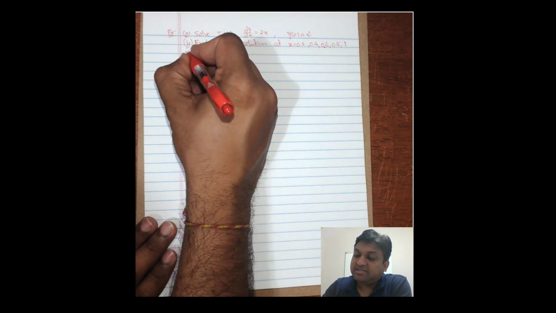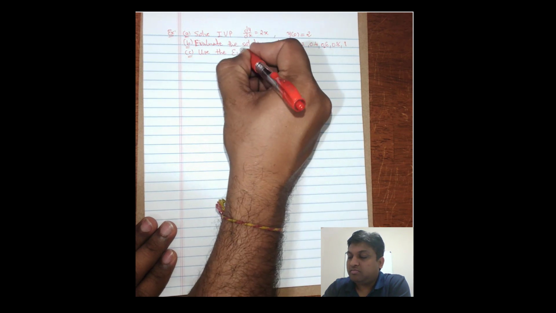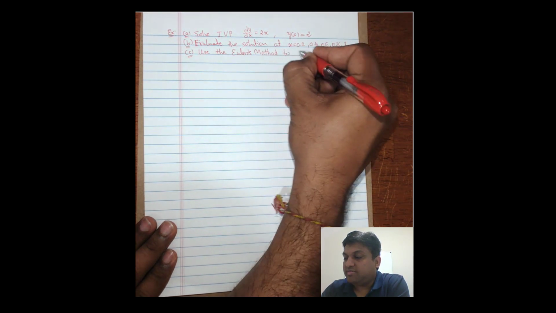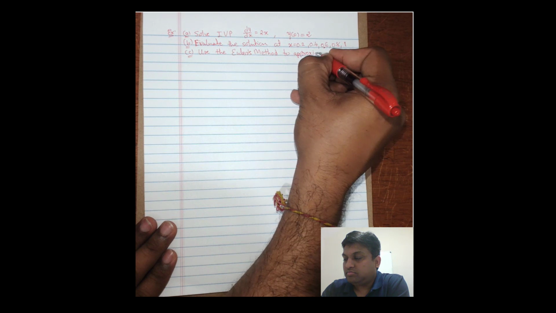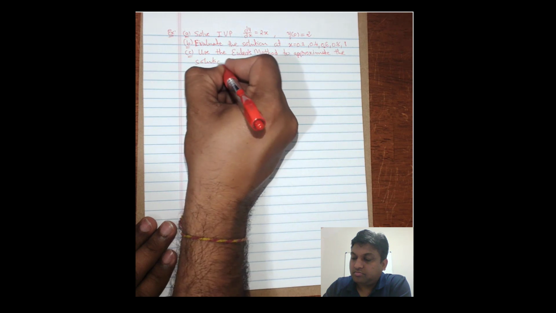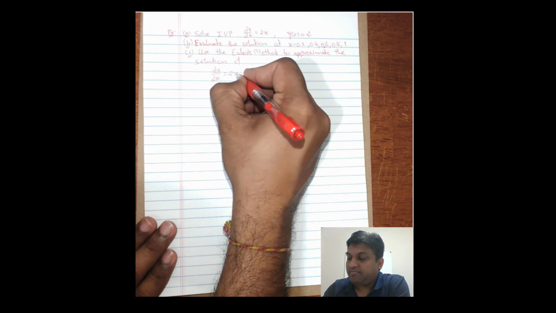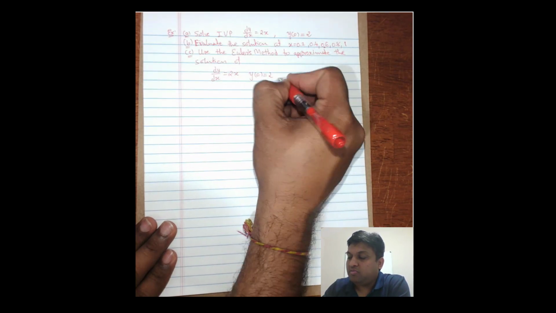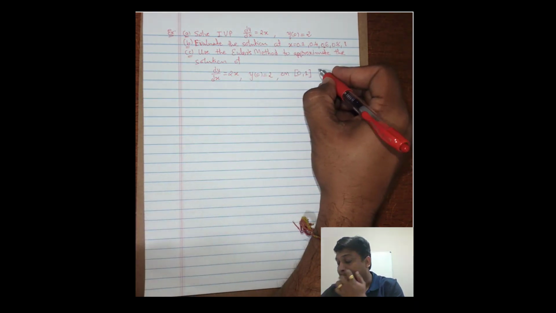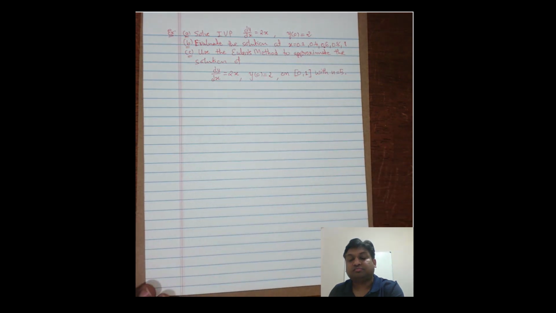And then part C, use Euler's method to approximate the solution of dy/dx = 2x with y(0) = 2 on the interval 0 to 1 with n = 5.